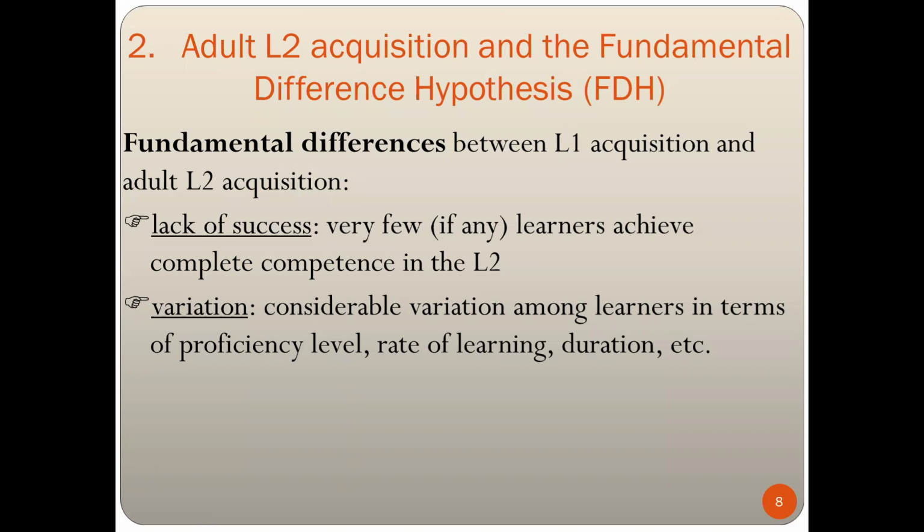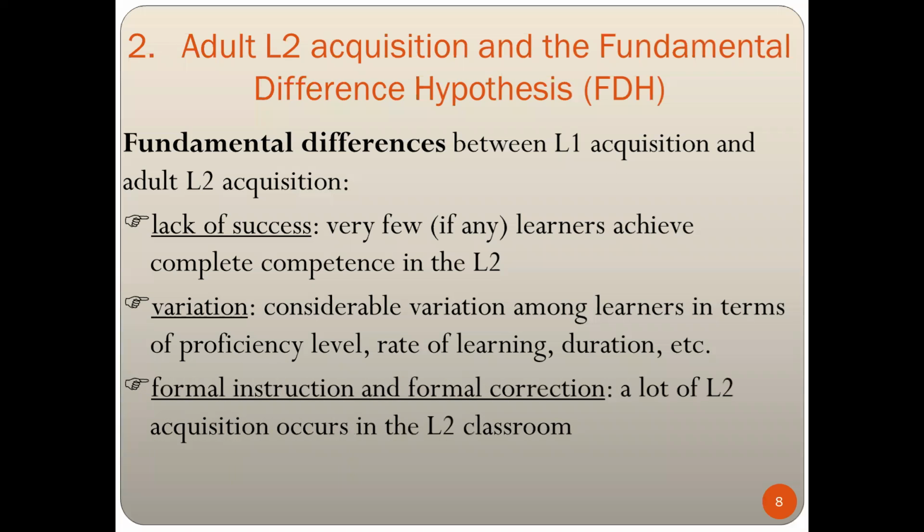And quite surprisingly, this variation holds even in situations in which a group of learners share a number of personality traits and learned in the same conditions. Even in such situations, there is a lot of variation among individual learners.